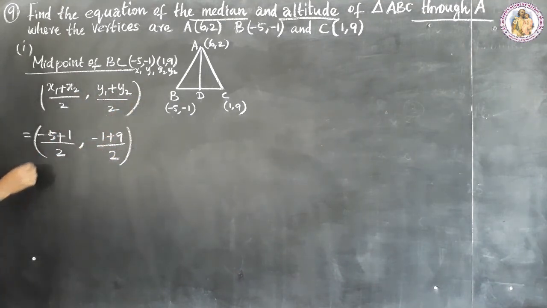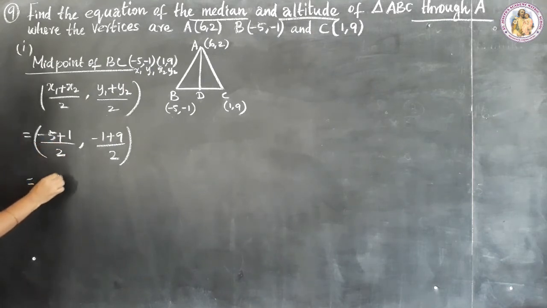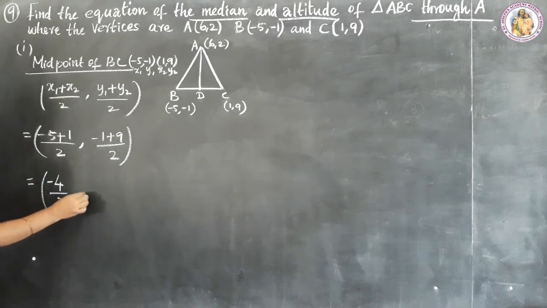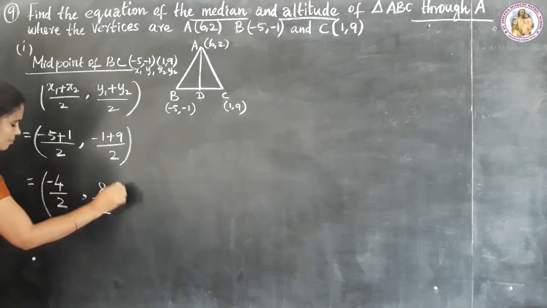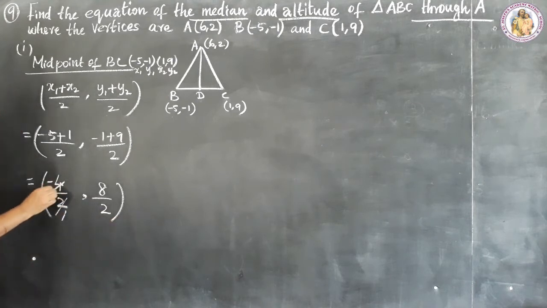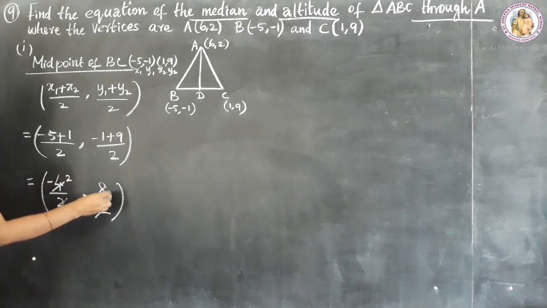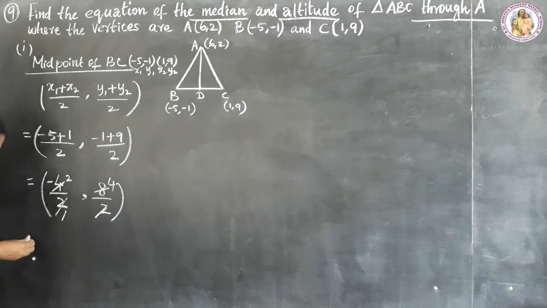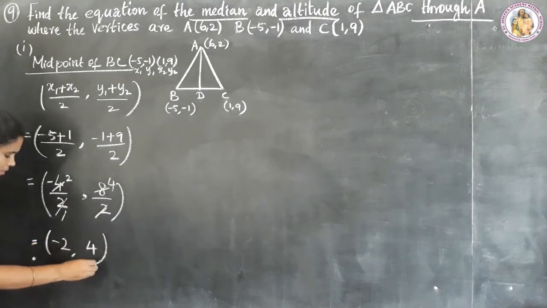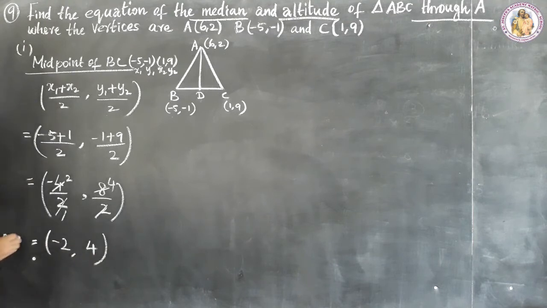Different sign, 5 minus 1 is 4, 5 is greater, so minus 4 by 2, and 9 minus 1 is 8, 8 by 2. So the point is (-2, 4). The midpoint of BC is equal to (-2, 4).